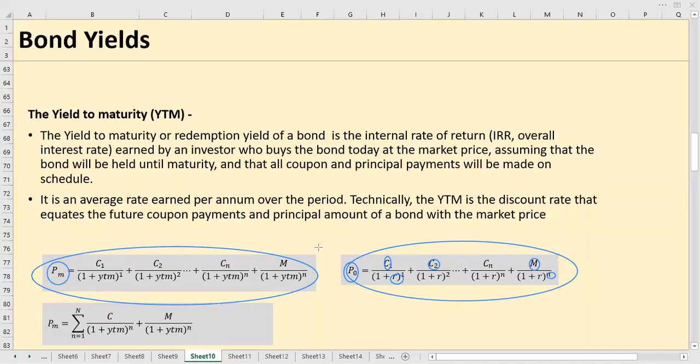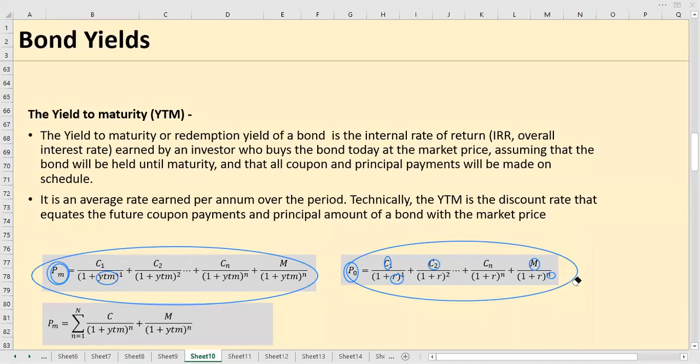So we are going to put the market price here, and then find out the R value that will give us the market price. That R value we normally call YTM. In other words, it is exactly equal to the IRR, internal rate of return.